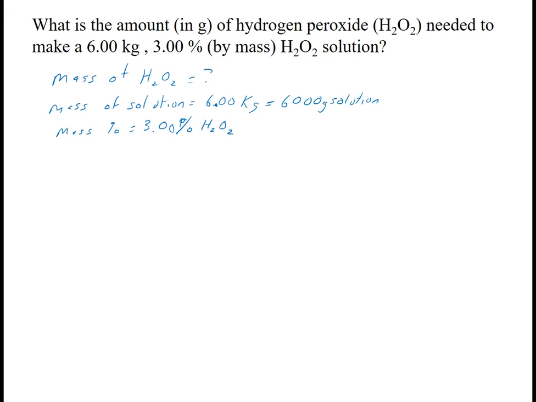So again, my formula is mass percent is the mass of H2O2 over mass of solution times 100. So I have 3% is equal to, I'm just going to put an X there, it's easier than writing out mass of hydrogen peroxide, over 6,000 times 100.